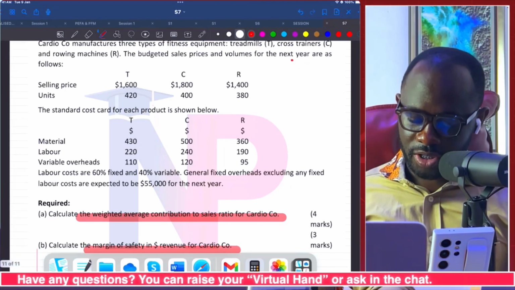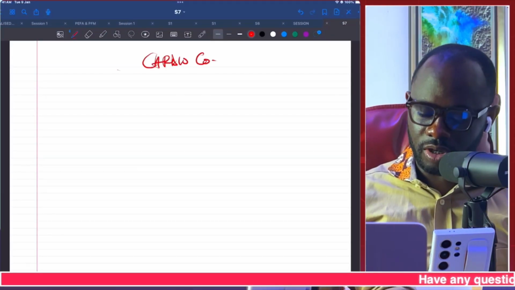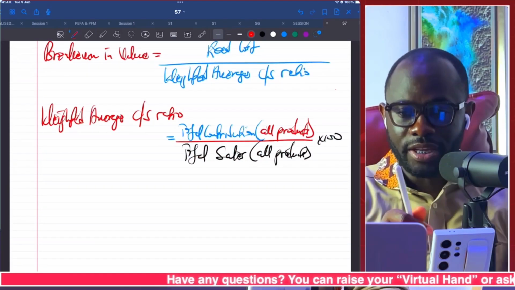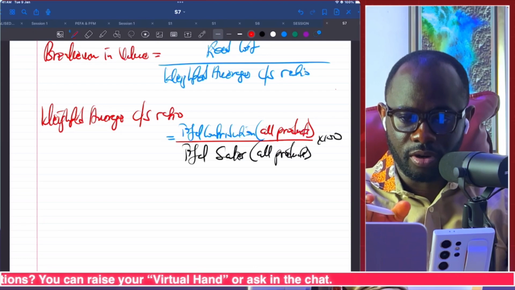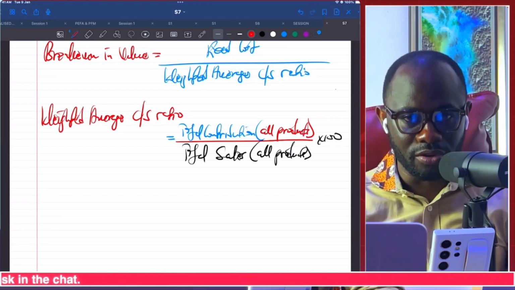First, weighted average contribution to sales ratio. We just said that the weighted average contribution to sales ratio is total contribution from all the products divided by total sales from all the products times 100.